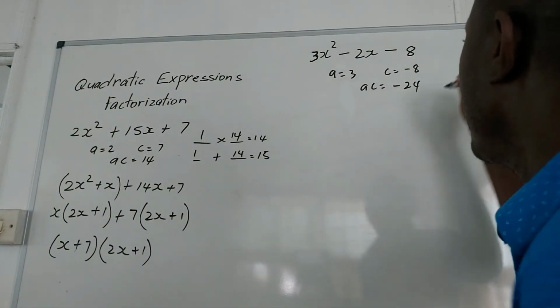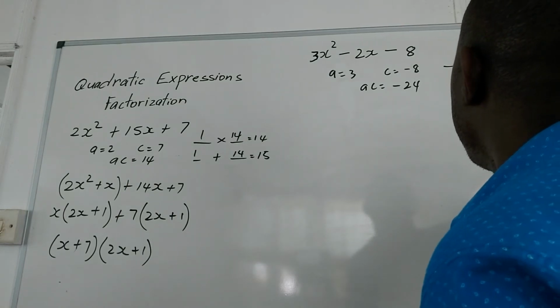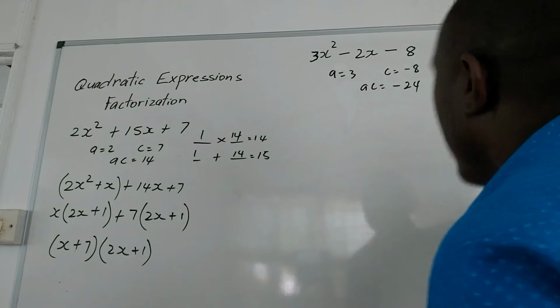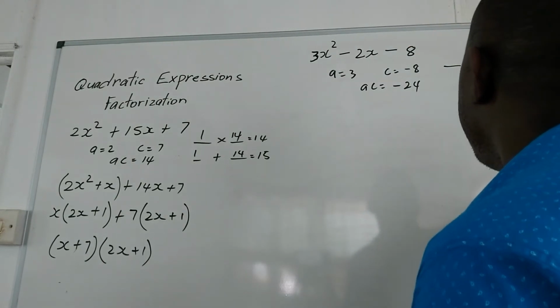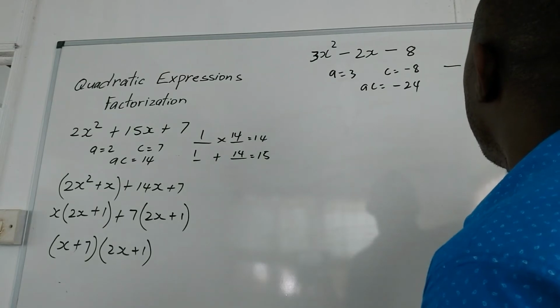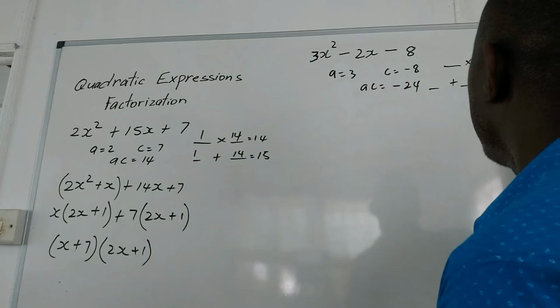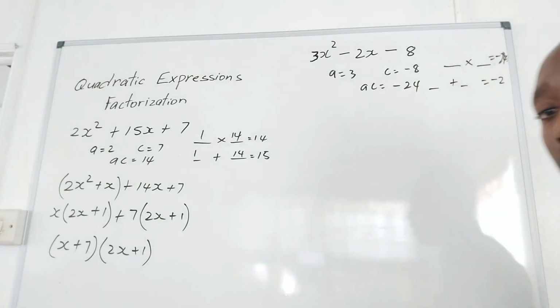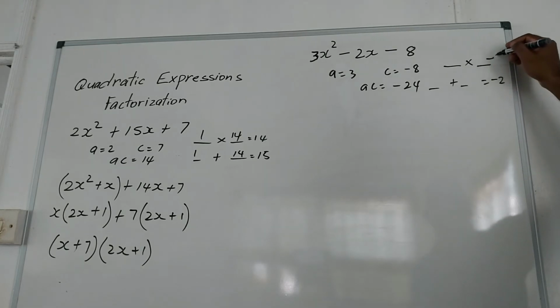So let's find out the two values we could multiply to get negative 24, and when we add, we get negative 2.